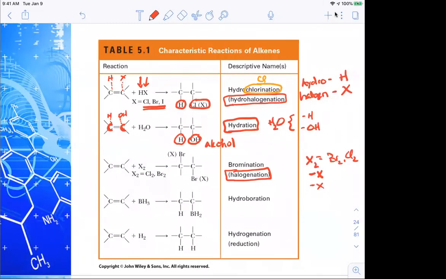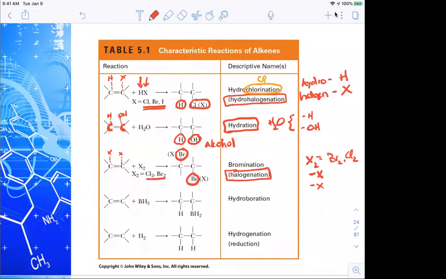If it's Cl2, I add 2 chlorines. So what you can see is one of the X's goes to each carbon. If the X is bromine, I get 2 bromines added. And again, this works the best for chlorination and bromination in organic chemistry.